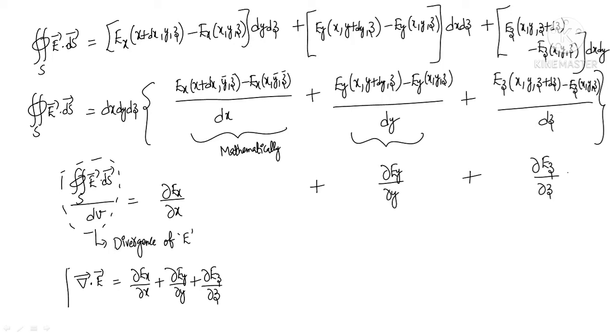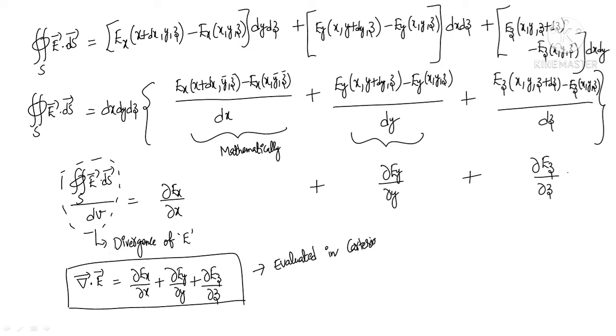This is called as the divergence of electric field intensity evaluated in Cartesian system, where the coordinates are x, y and z.